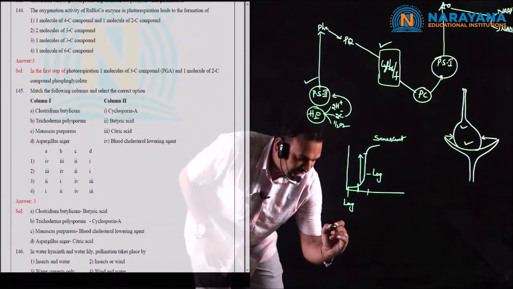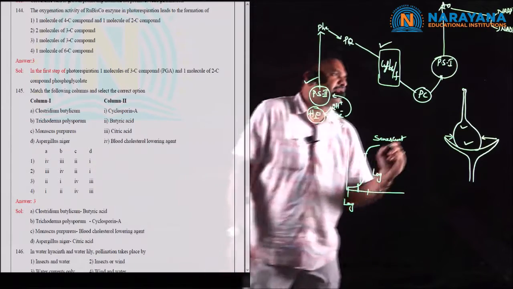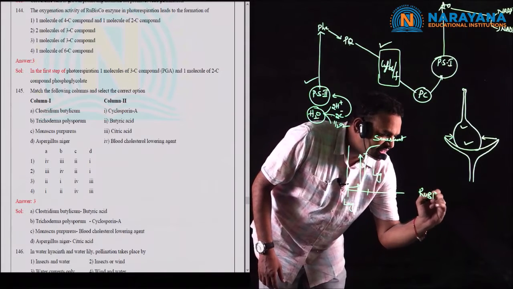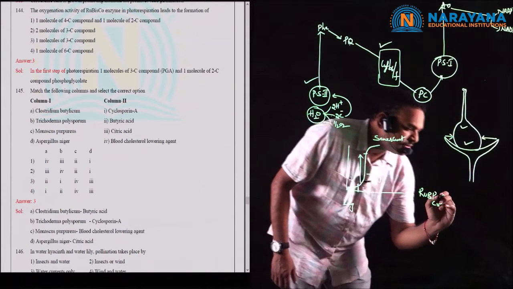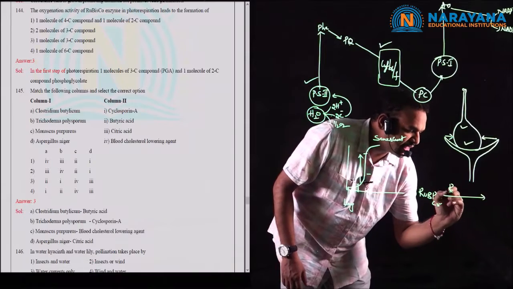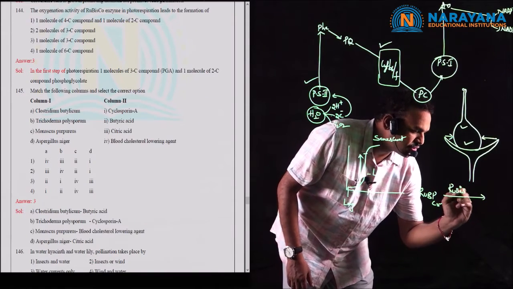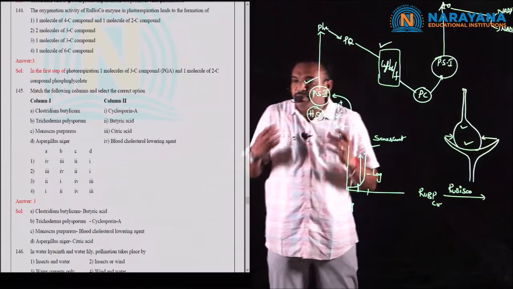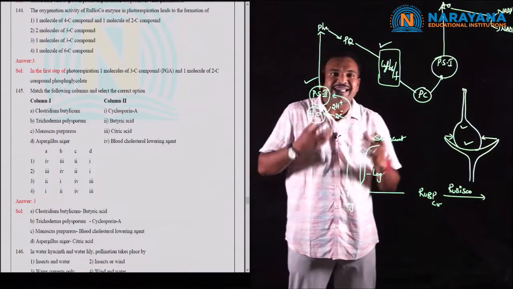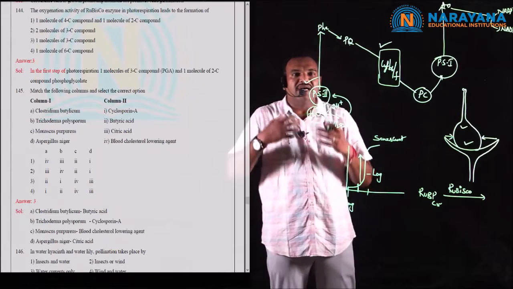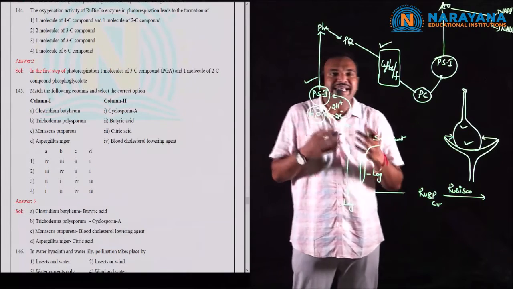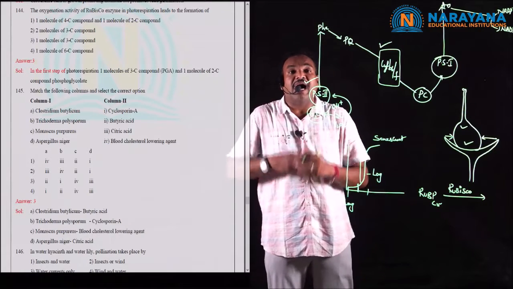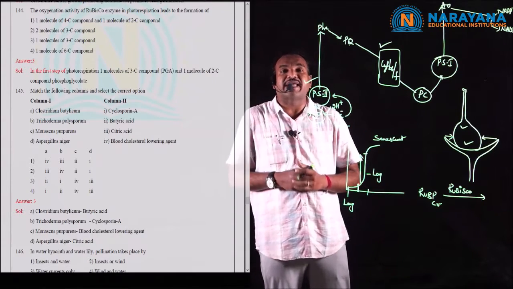During oxygenation activity, I will represent here RuBP, a 5-carbon compound. Rubisco shows both carboxylation and oxygenation. If carboxylation occurs, the C3 cycle, Calvin cycle occurs. If oxygenation occurs, if it is acting as an oxygenating enzyme, photorespiration or glycolate cycle, or we can call it a C2 cycle, will occur.